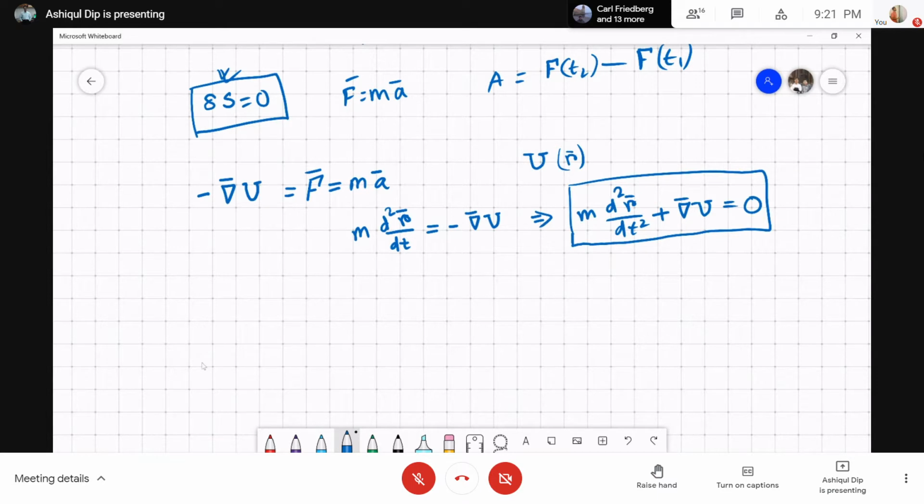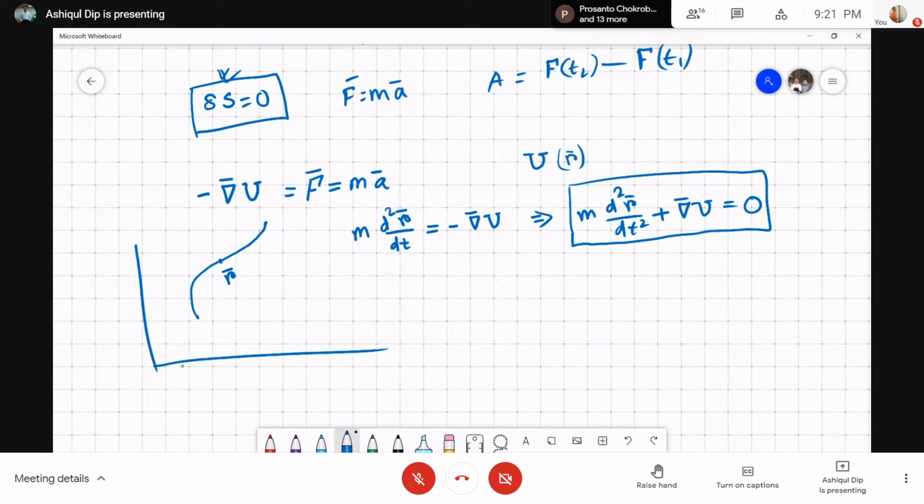So let's start with the definition of S. Consider a particle from the starting to the final point; it moves through a curve that is this. Any point on the curve is denoted as the position vector r, and this is the right path.